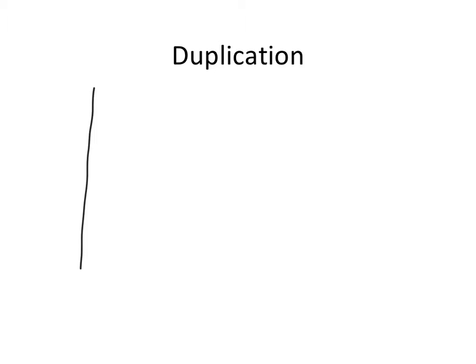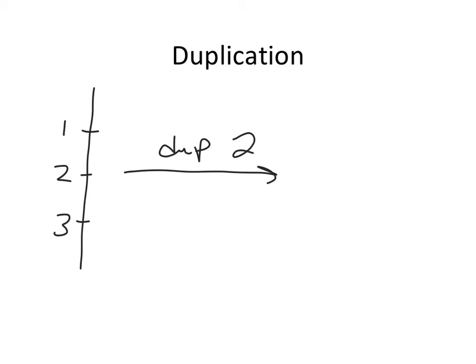So say you have 2 genes on a chromosome. Well, let's do 3 genes just for fun. So this chromosome has 3 genes: gene 1, gene 2, gene 3. If there's a duplication of gene 2, what am I going to draw on the right-hand side? So we duplicate gene number 2. What's the result?